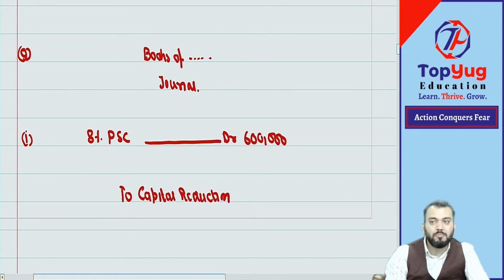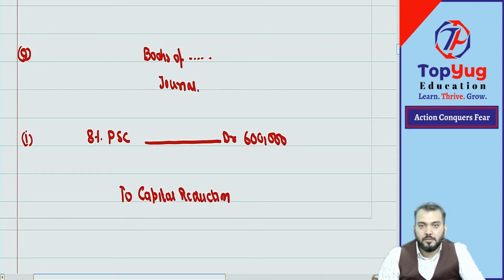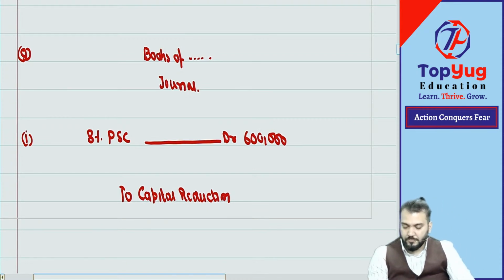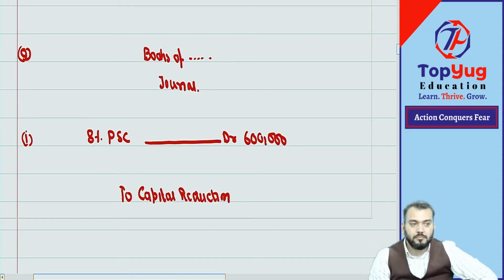Achha, inclusive of preference dividend. So what will we do? 48,000.